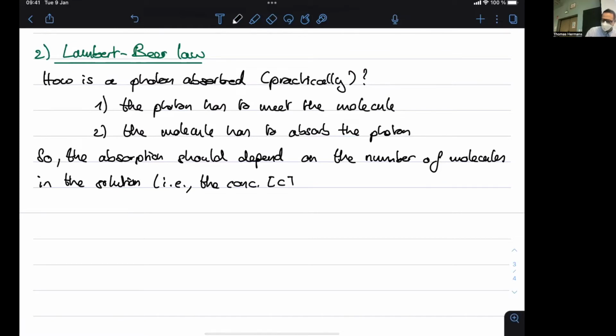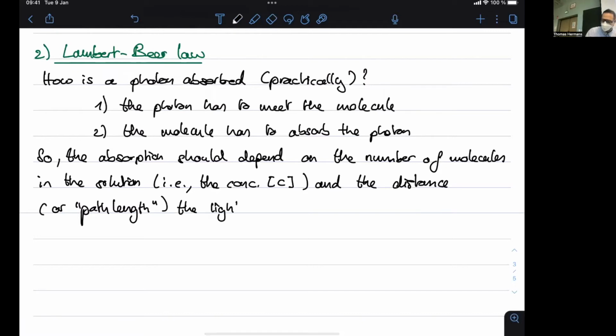Let's call it C. And the distance, or as they call it in UV, the path length the light travels through the solution, right?